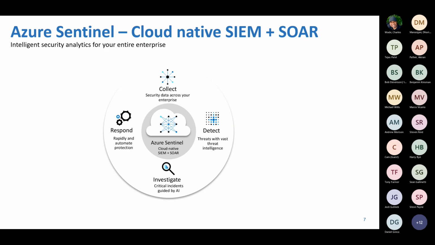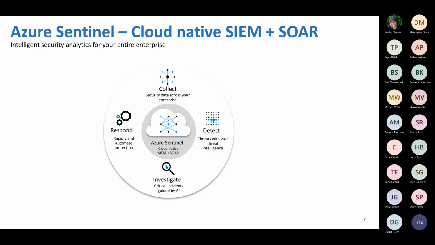Azure Sentinel is a cloud native service. So as soon as I say cloud native, you don't have to worry about its scalability. You don't have to worry about its uptime. You don't have to worry about its AI and ML building logic, because a lot of these are already pre-built.